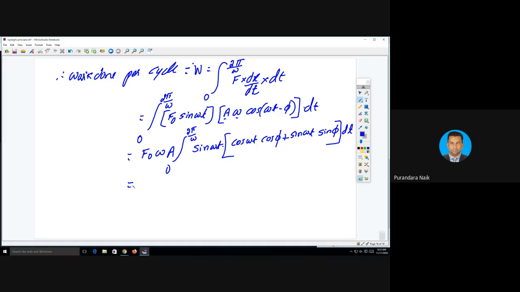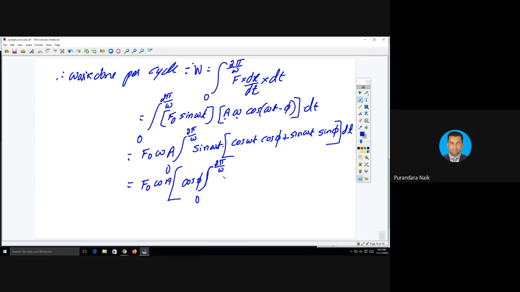It is equal to F naught omega a. Here cos phi is a constant, so if you multiply, you can bring it out: cos phi, integration from 0 to 2 pi by omega.